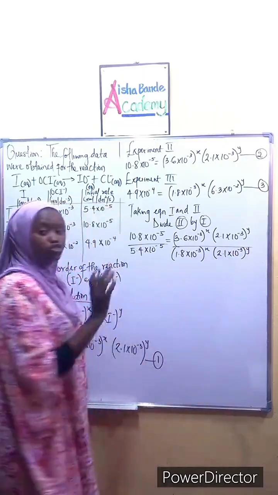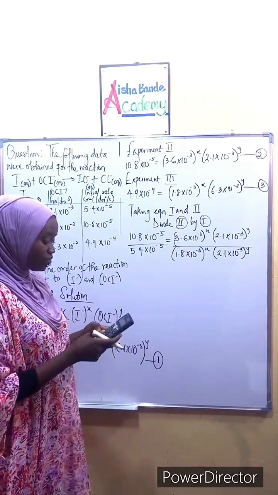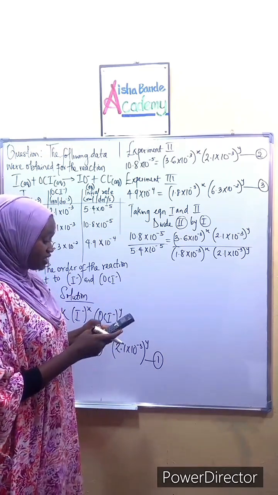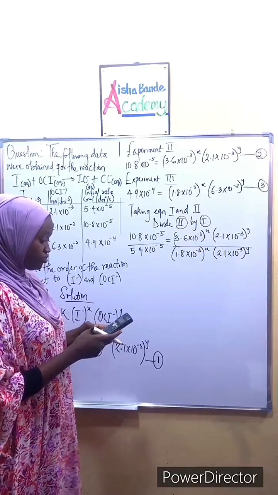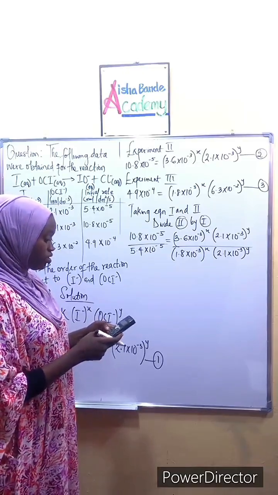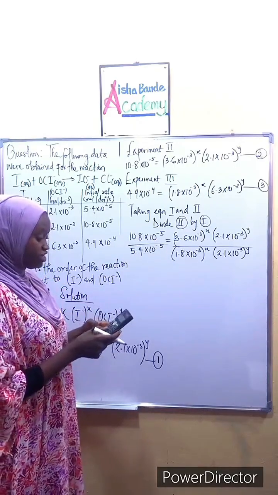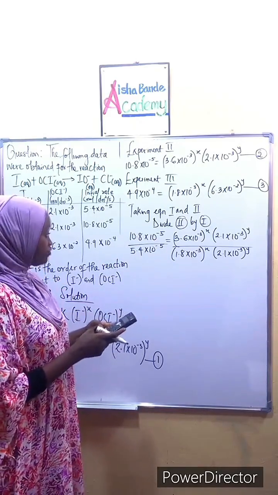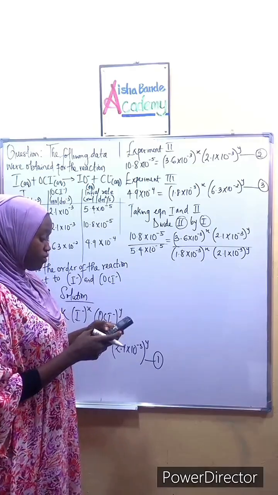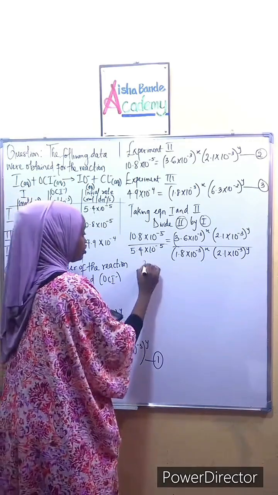From here, all we need to do is to use our calculator to simplify the expression we have on the board. So we have 10.8 times 10 to the power of minus 5 divided by 5.4 times 10 to the power of minus 5. So this gives us a value of 2.